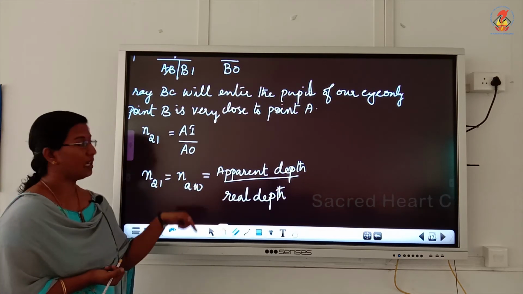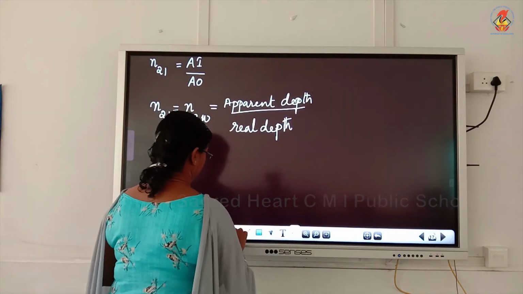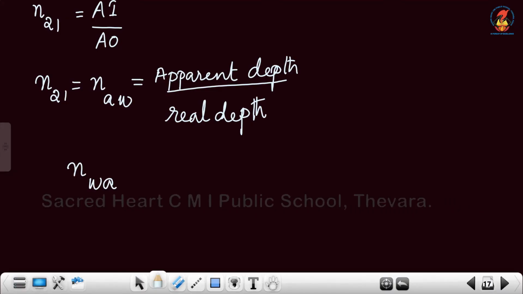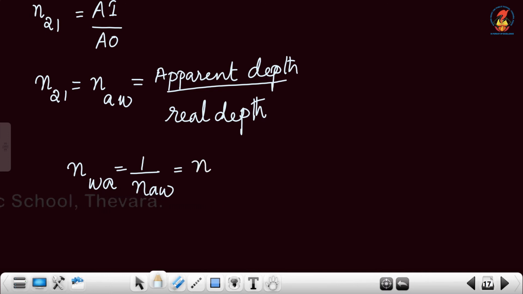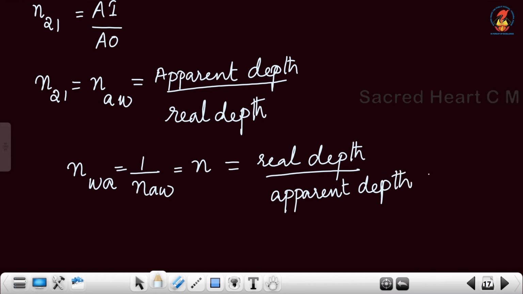So what do we do? We take the inverse on both sides. So nWA, which is equal to 1 by nAW, is equal to, generally we write the first medium as air, so we can write it as n itself, real depth divided by apparent depth.